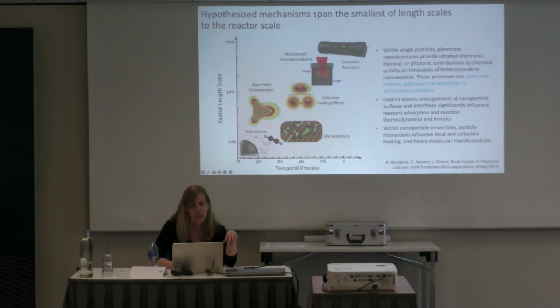You can think about this as a cross-section through your reactor, and if you're sending light in from the top, you can have heating that gives rise to a non-uniform distribution of temperature within your reactor. So we need to think about all of these processes when we're designing reactors. What I'll do in this presentation is start with some of the faster and smaller length scale processes, and then we'll work our way up to more of these bench scale reactor processes.